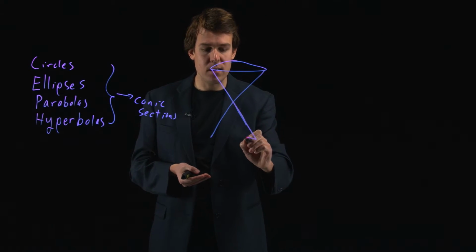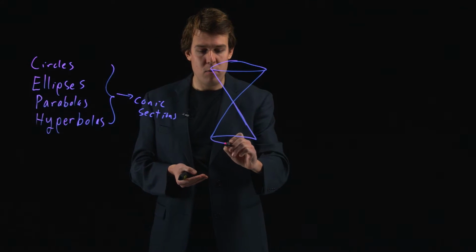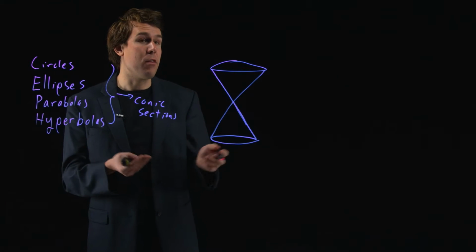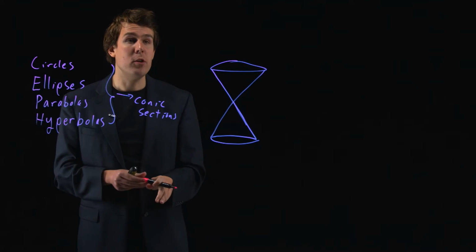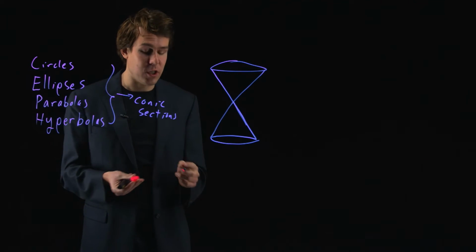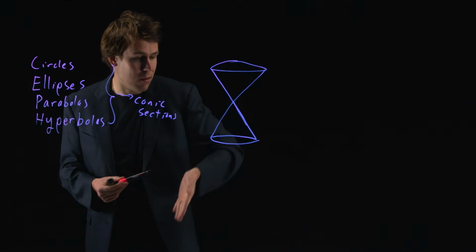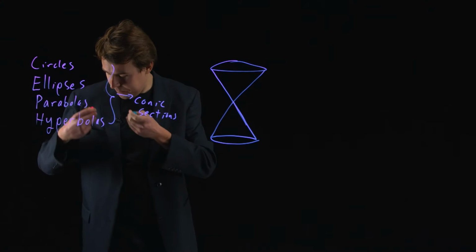So the central concept for us will be that of a double cone. So we'll think about this as living in three dimensions. And what we do to construct conic sections is we imagine taking a two-dimensional plane and slicing through this three-dimensional object.